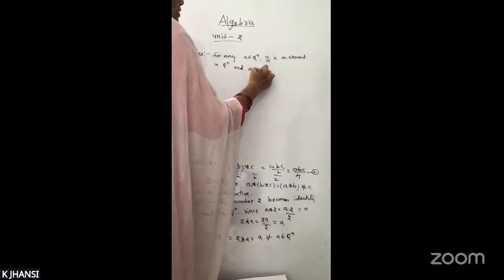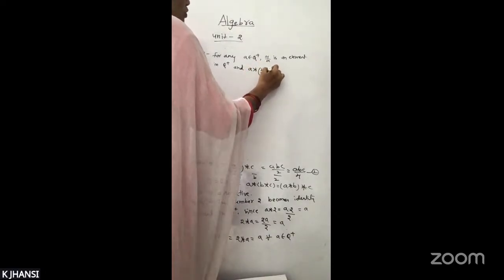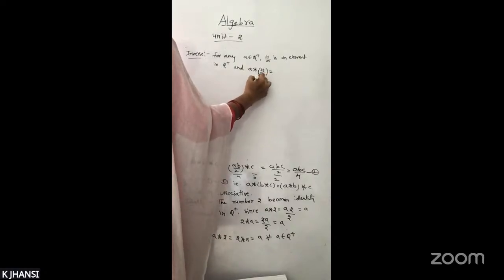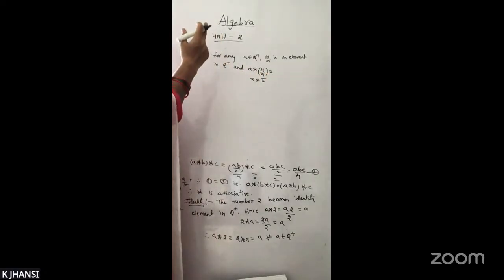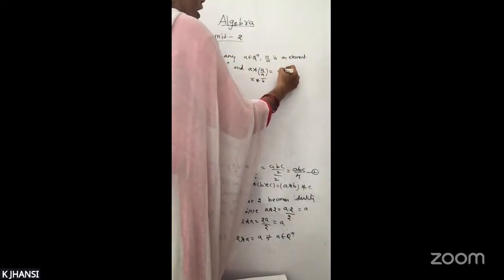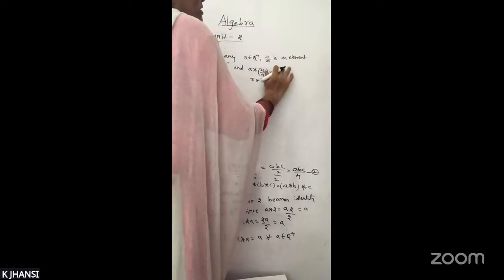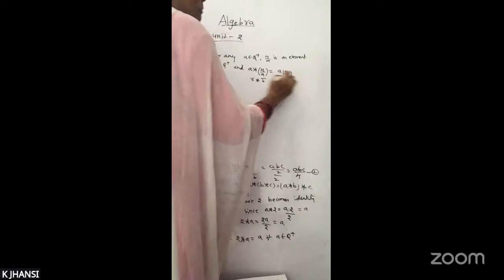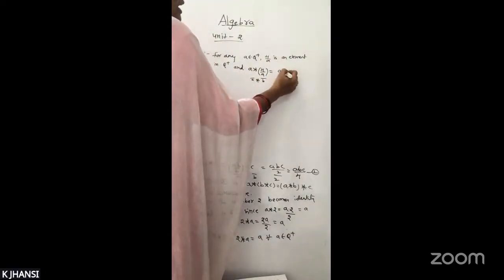A star 4 by A is equal to. This whole thing is A and this is B. So A star B, as defined in the question, is A star B equals AB by 2. So B is here 4 by A and whole divided by 2. So this A will get cancelled.